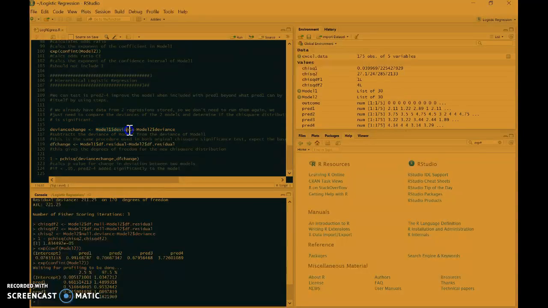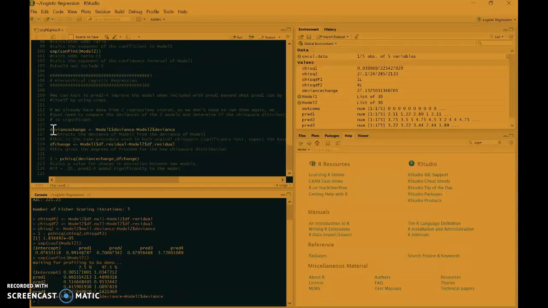So this time we're going to use model 1 as the comparison and subtract model 2's deviance. So we're doing the exact same thing we did before. We're just using model 1 as the base and model 2 as our thing that is being compared to the base. Yeah, cool. Let's run that. Now we have this deviance change thing.